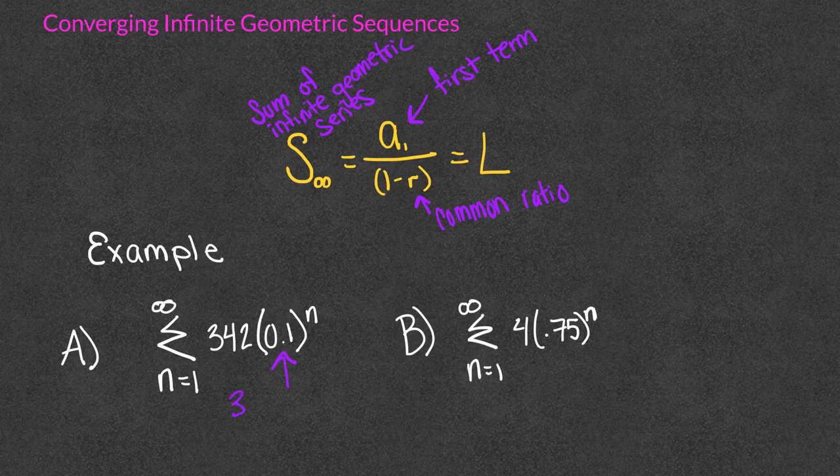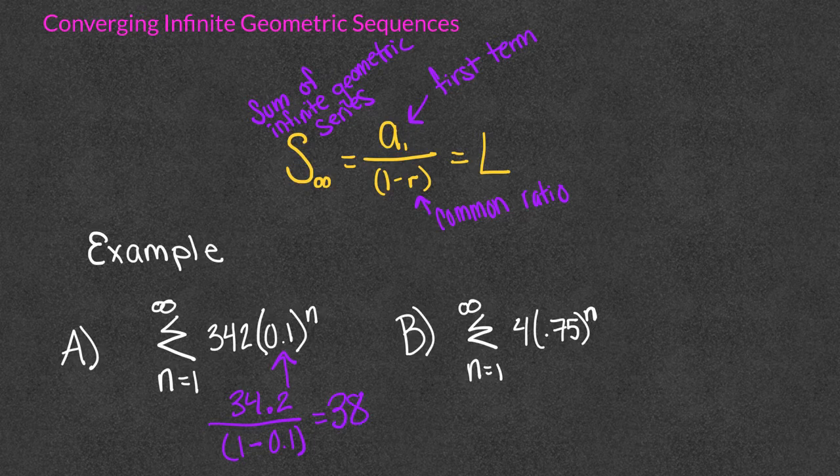When I do that, I'm going to get 34.2. And then I'm going to divide that by 1 minus 0.1, my r value. And that's going to tell me that if I add up all of the terms from 1 to infinity for this sequence, my sum would then equal 38.